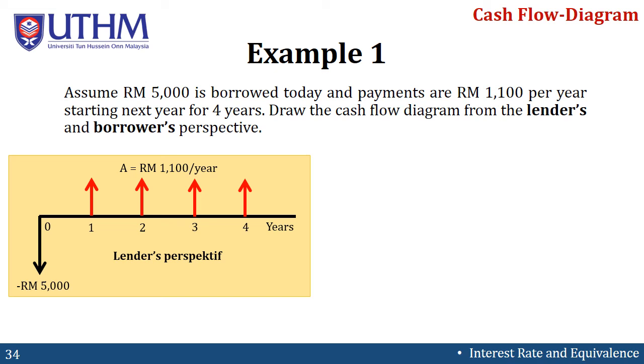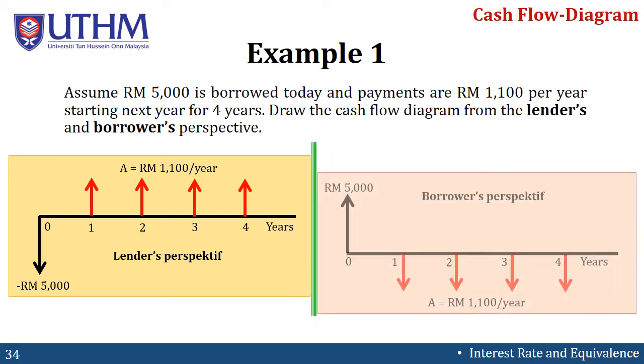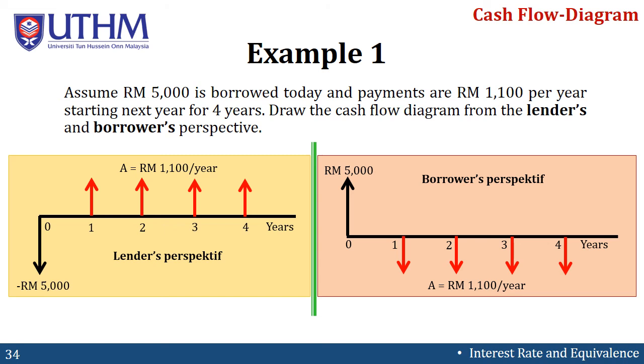Since you borrow, the sign is negative. So you will pay each year. A means annually paid, 1,100 every year. How about the borrower's perspective? The borrower is the vice versa, the same but with the arrows reversed.